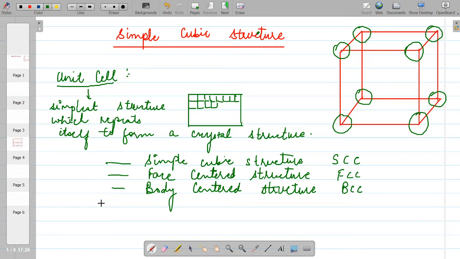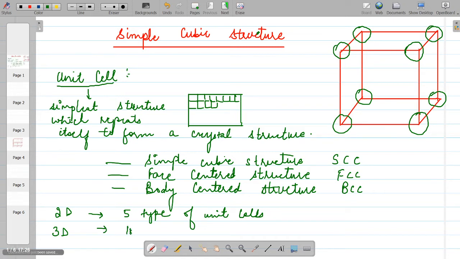If you talk about more detail, if we go towards two dimensions, and we have to draw a complete structure in two dimensions, then there are mainly 5 types of unit cells available. I'm not going to explain these, I'm just giving you a brief idea of what the unit cell is. And if you talk about 3D, then there are 14 types of unit cells.